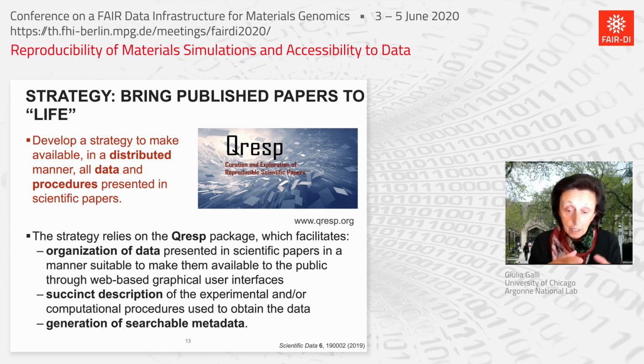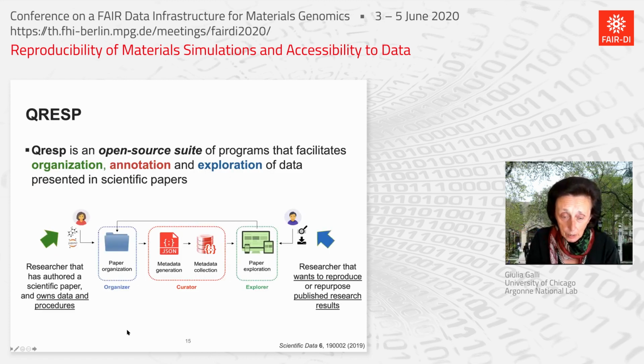And then there is a part of the graphical user interface that exposes the data that you want to make available to the public in a certain way that I will show you in a minute. So there are 3 parts to this graphical user interface: paper organization, curation, metadata generation and collection, and exploration.